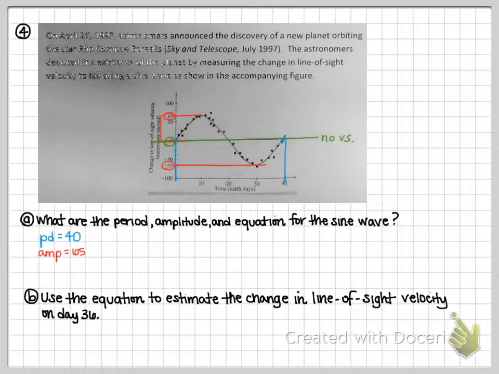Now I need to think about phase shift. So take out my color coding again. For my phase shift, I need to look and see if this point that would be 0, 0 has been moved at all, right or left. Well, if I take a look at this point here, I know it's getting a little crowded.